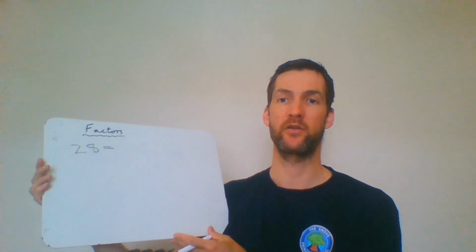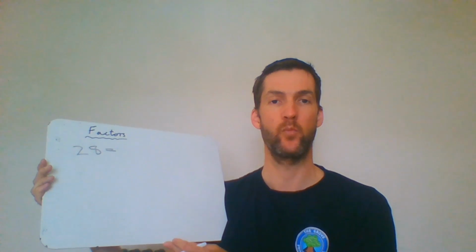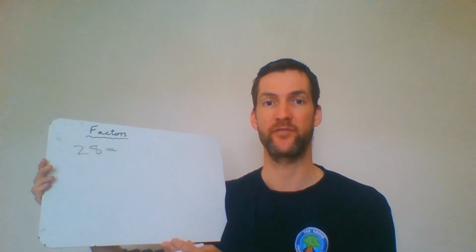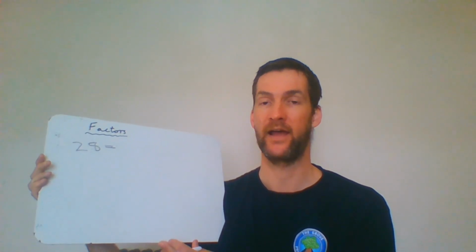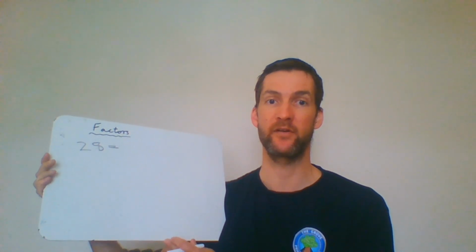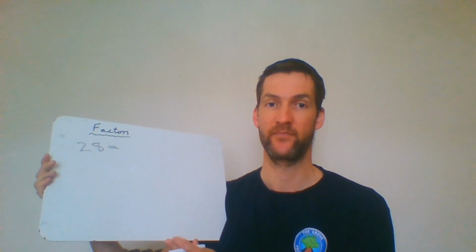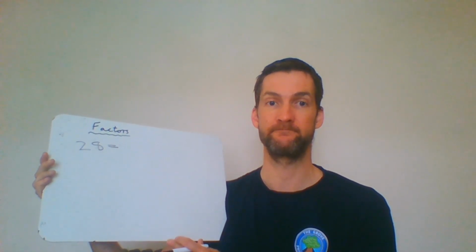If you remember when we looked at factors within class, I asked you to look for factor pairs and working systematically to find all those pairs. Now each number has a different amount of factors, and just because the number is bigger doesn't necessarily mean that there are going to be more factors. And as you work through your questions throughout the week, you will realise that.